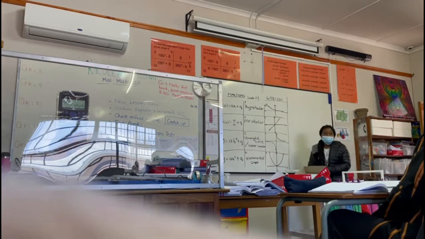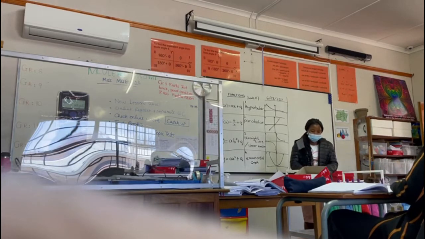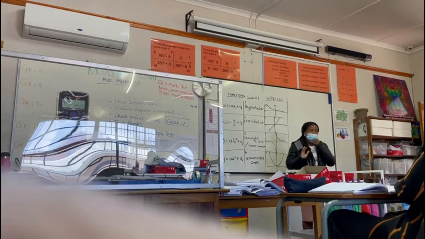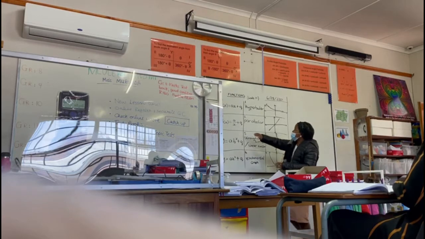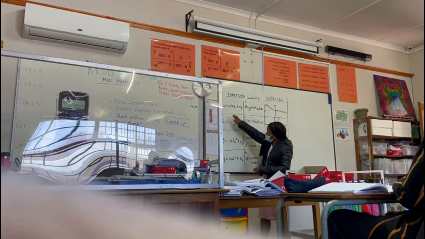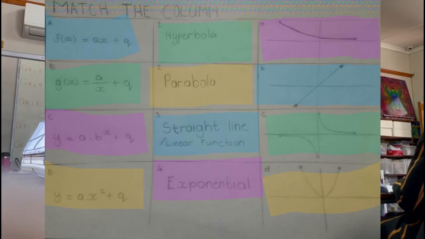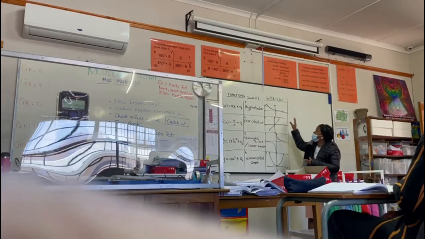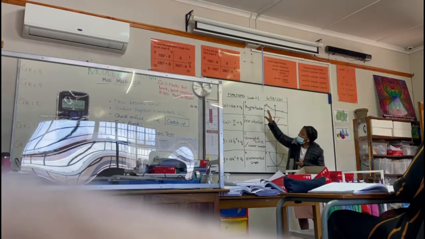Okay. So as an icebreaker to see if you can remember all your formulas, this is big A, big B, big C, big D, 1, 2, 3, 4 in this, and this is small a, b, c, and d. I want you to try and match them.